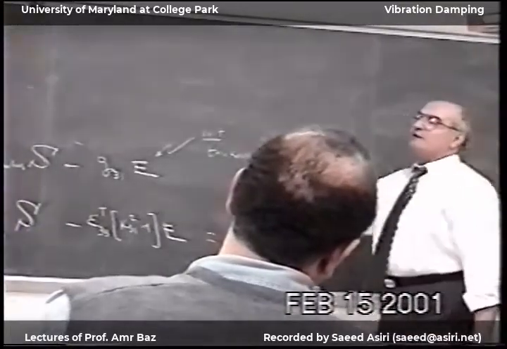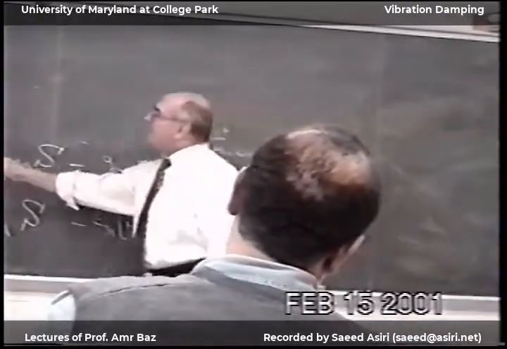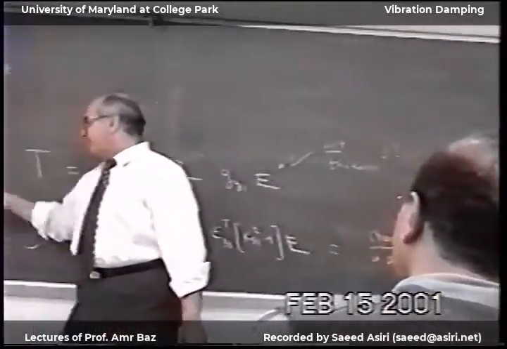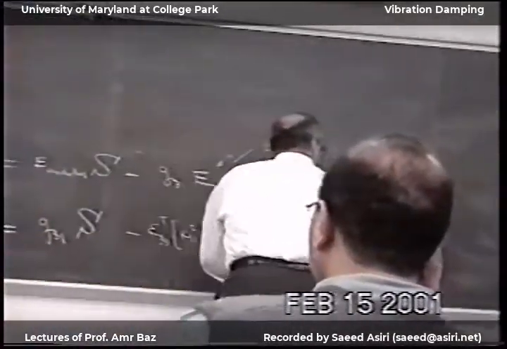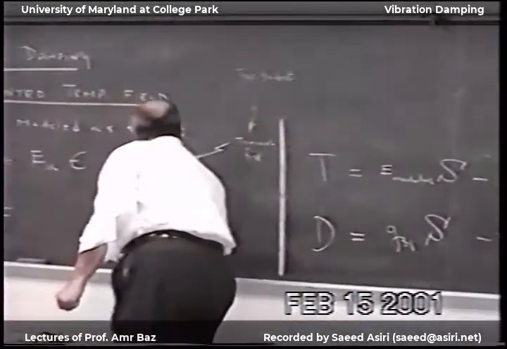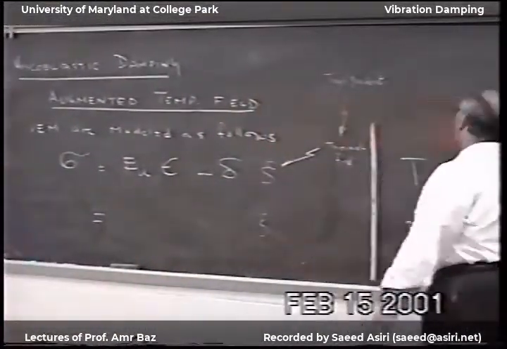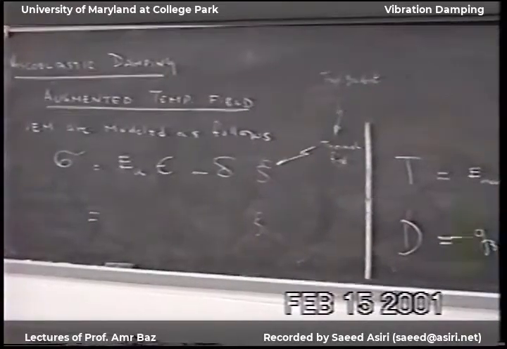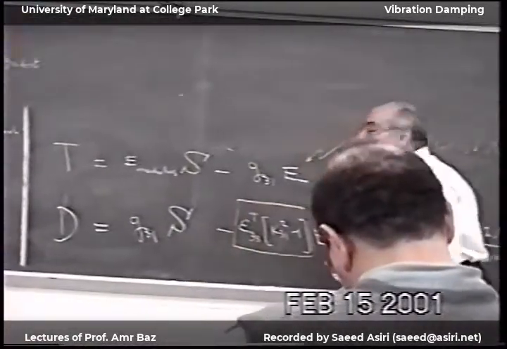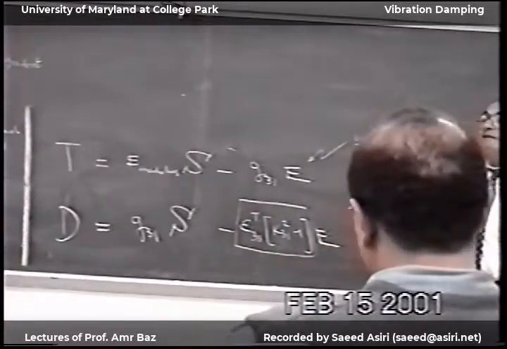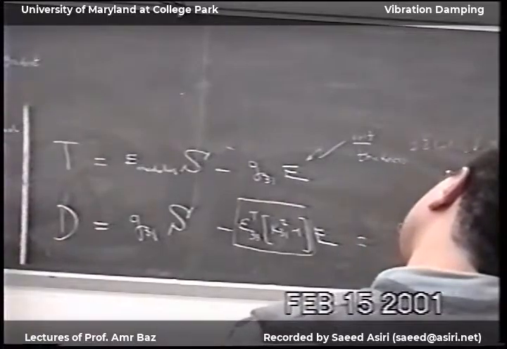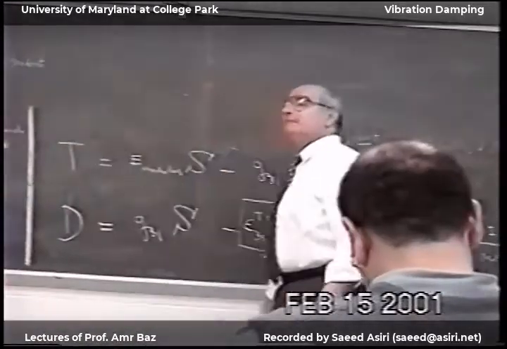Now the same story here. Instead of electric voltage, I'm going to apply thermal field. And this is a property of the piezoelectric material. Now I'm going to have here a parameter, a property of the viscoelastic material.